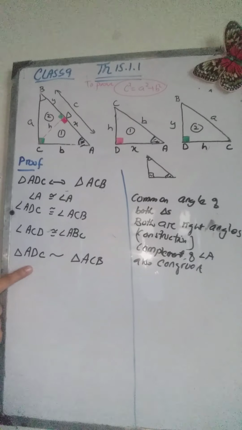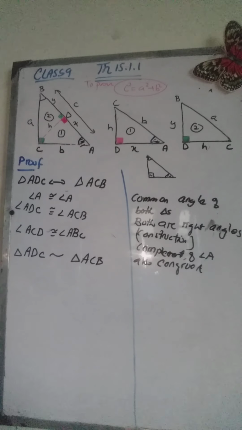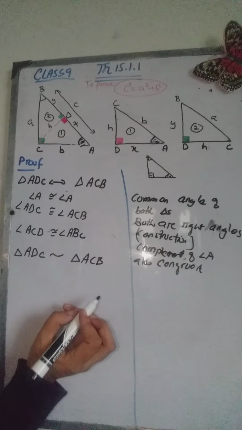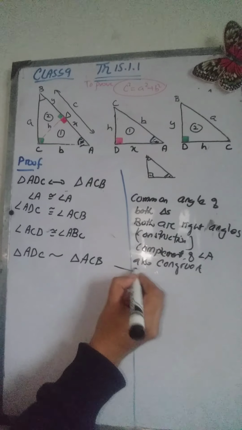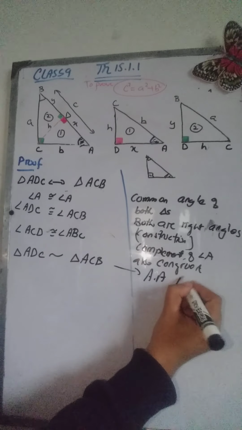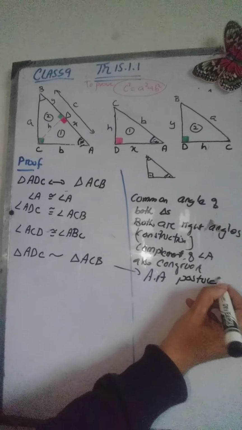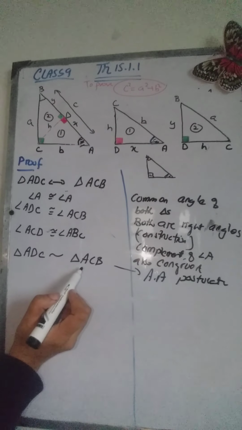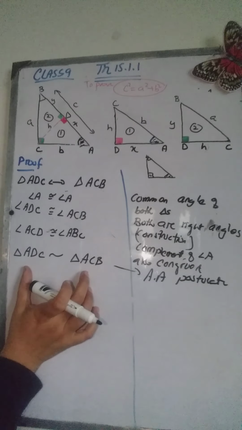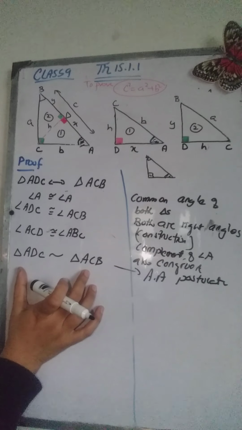Now, as you have proved that these two triangles are similar, this is because of the AA postulate. As the two triangles are similar, their corresponding sides are going to be proportional to one another.